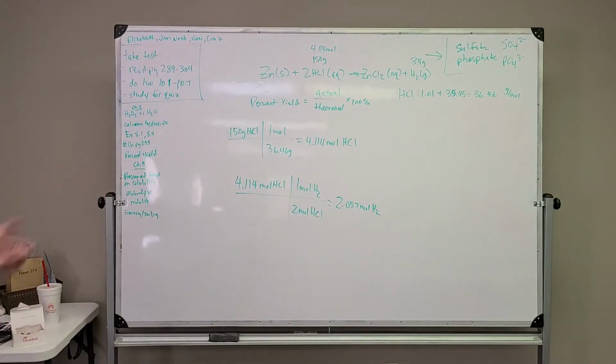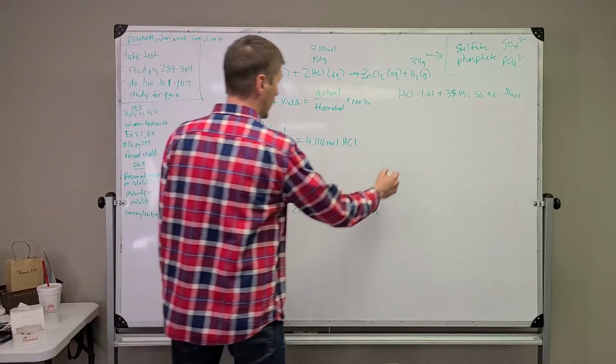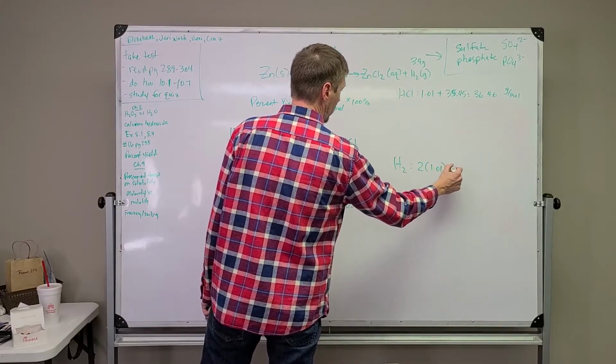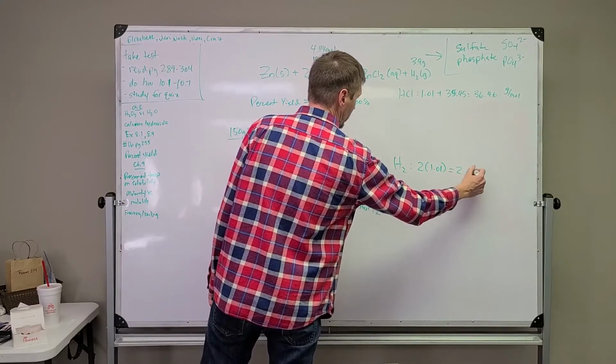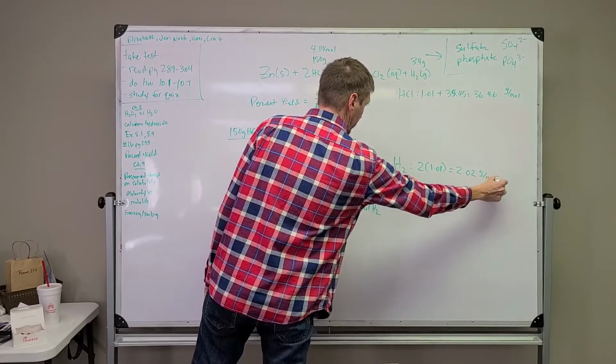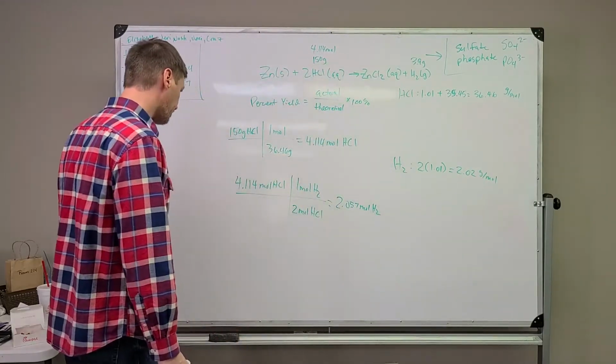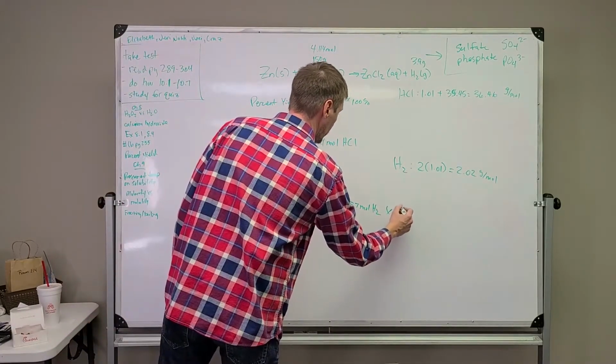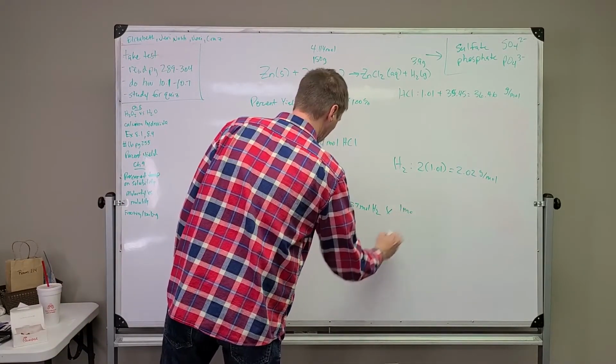That's how many moles should have been produced, but we need to know how many grams should have been produced. So now we use the atomic mass of H2, which is 2 times 1.01, or 2.02 grams per mole. So we'll just multiply this times this.